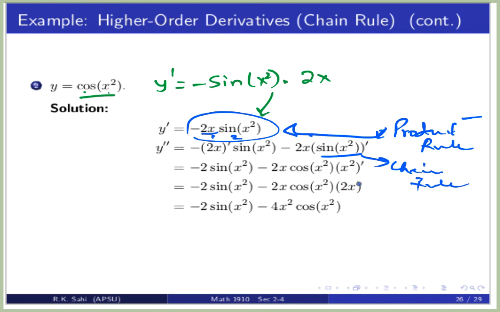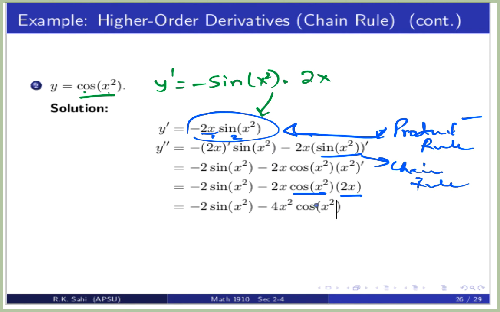And then finally when you solve it, what you get is negative 2 sine x squared minus 2x cosine x squared times the derivative of x squared, which is 2x. Now, as usual, I would like to write it in a much nicer mathematical looking manner. So final answer, negative 2 sine x squared, negative 4x squared cosine x squared.